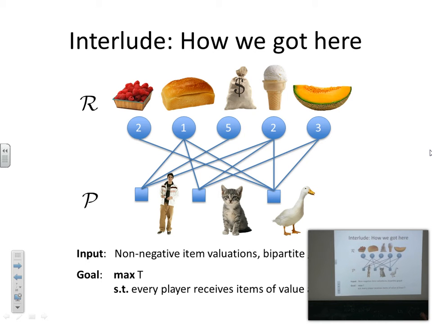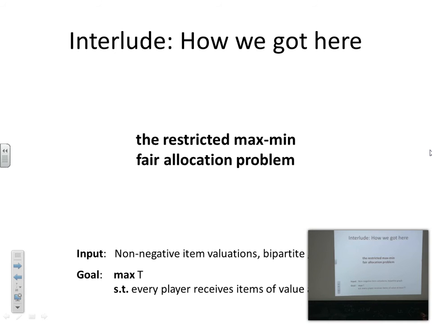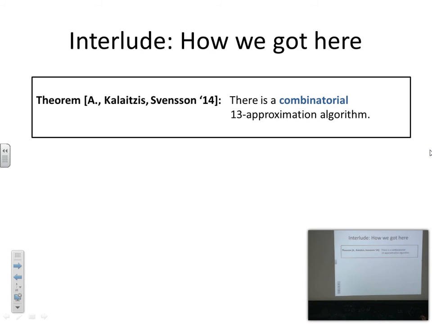Just to go over the objective function again, the objective is to partition the resources among the players so that every player receives at least value t, and t has to be as large as possible. So this is a very natural fair allocation objective. And this is called the restricted maximum fair allocation problem, for which we gave a 13 approximation algorithm.